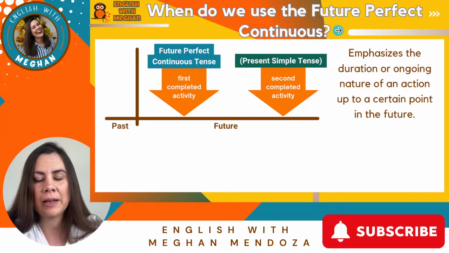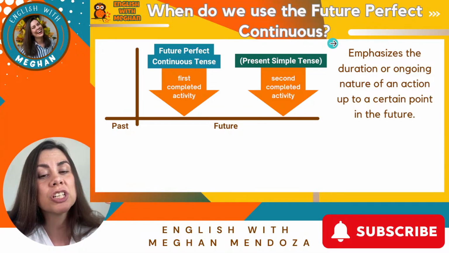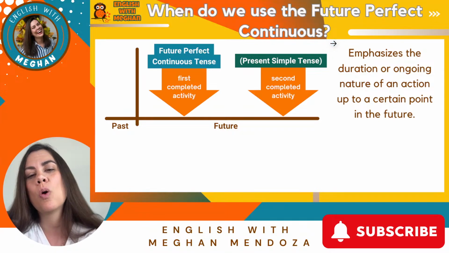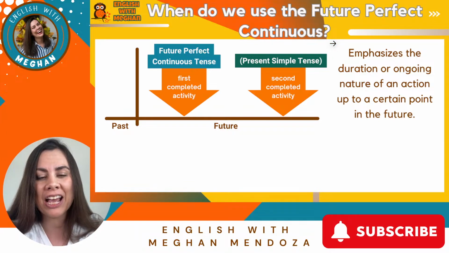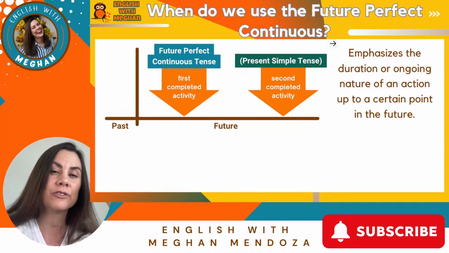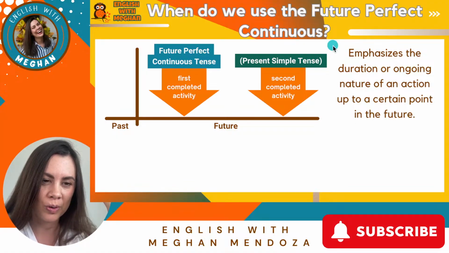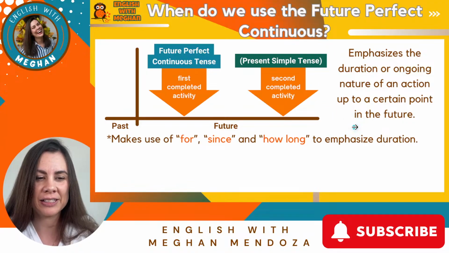Let me read this. Emphasizes, please repeat that word. It's a hard word. Emphasizes the duration or ongoing nature of an action up to a certain point in the future. Okay, interesting. Let's look at an example here.